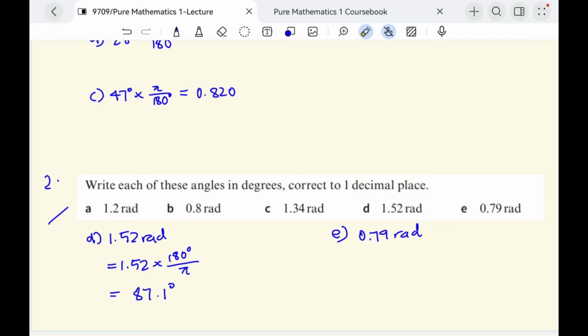Because for a standard answer of angles in degrees, you must leave it in 1 decimal place, as the instructions stated in your past questions. So carry out the same procedure for E, 0.79. Just multiply 0.79 by 180 degrees divided by pi. For E you will get 45.3.